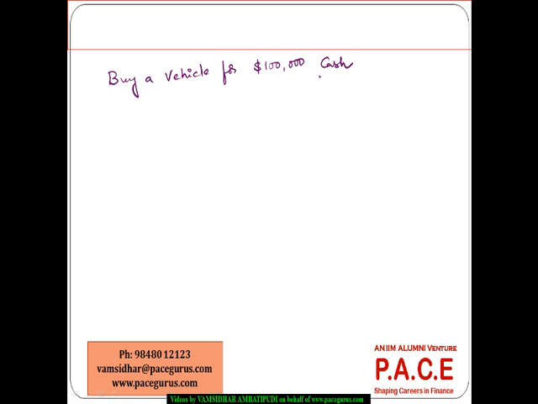I am paying cash, so my cash is going down by 100,000. But I'm getting a vehicle. Vehicle is a part of the property, plant and equipment, and this is increased by 100,000. This is an asset, and this is an asset. A decrease in an asset by 100,000 results in an increase in an asset by another 100,000, overall balancing off.